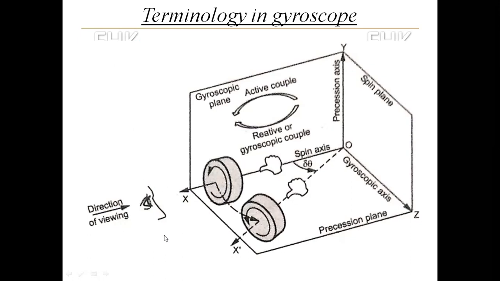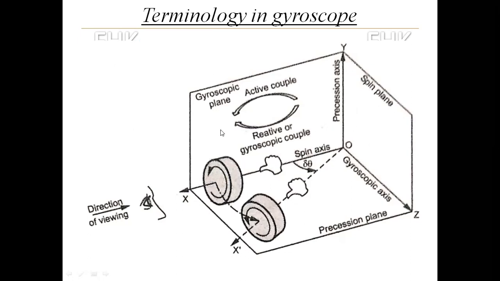So this will become the position of the observer. From this direction you can see the actual rotation of the rotor. So the plane in which you can see the rotation of the rotor is called the spin plane.